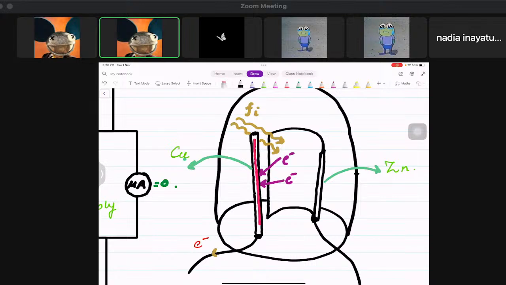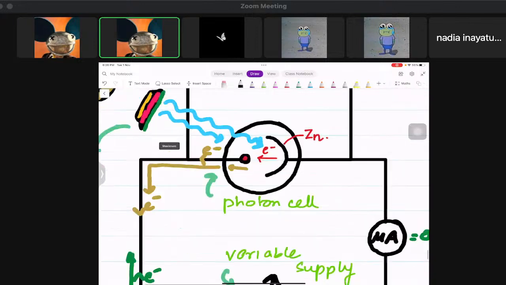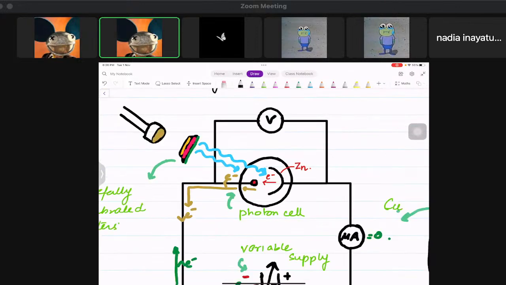Now the funny thing is that as the light is incident, electrons will hit copper, and the electrons will try to move from the copper end towards this way, like the yellow current. Do you see? Okay. Because there is a potential across them, that's why that's happening.